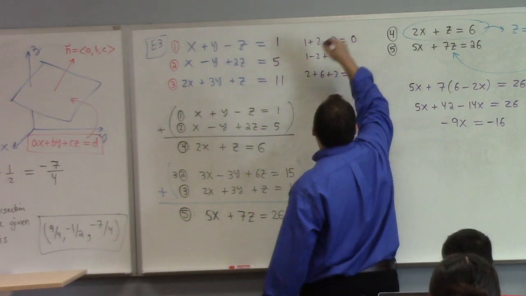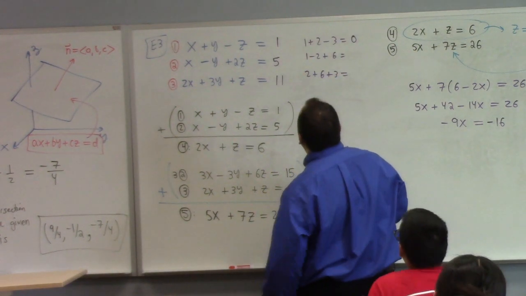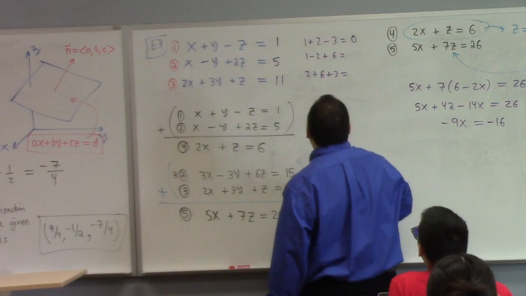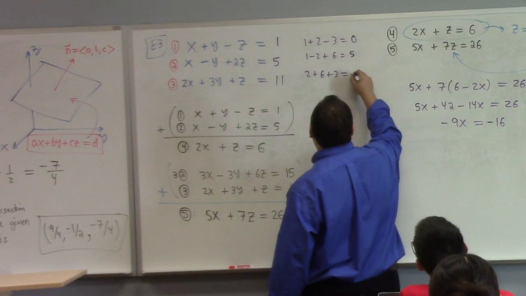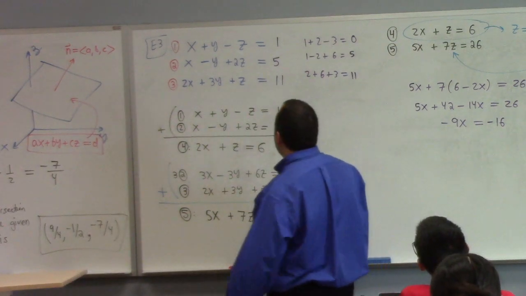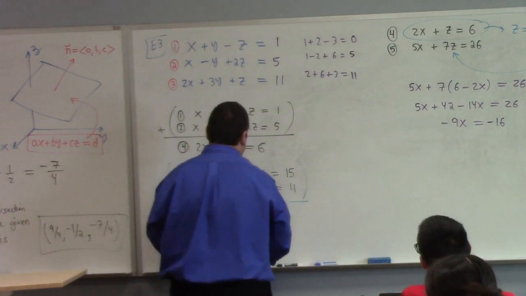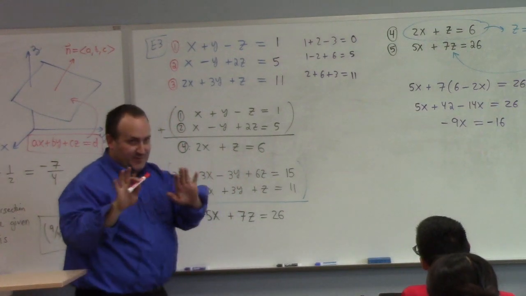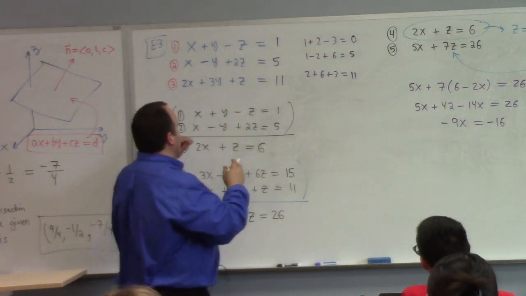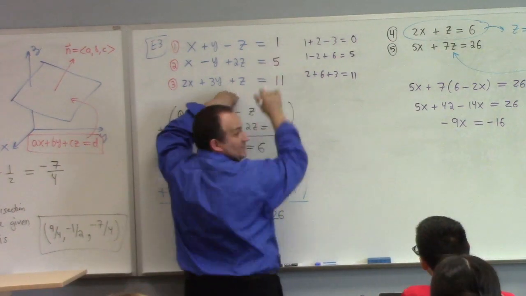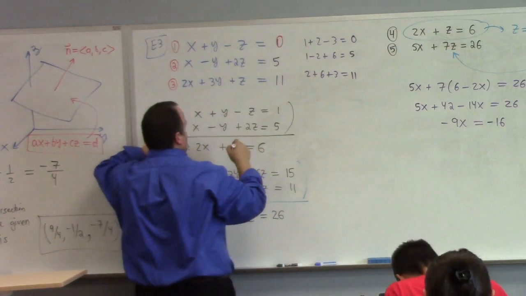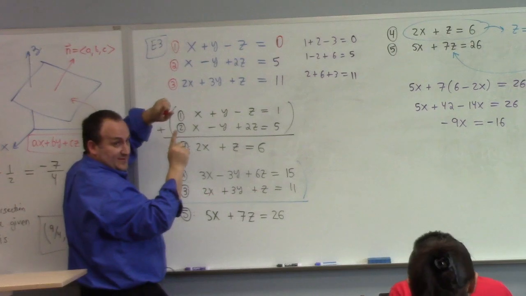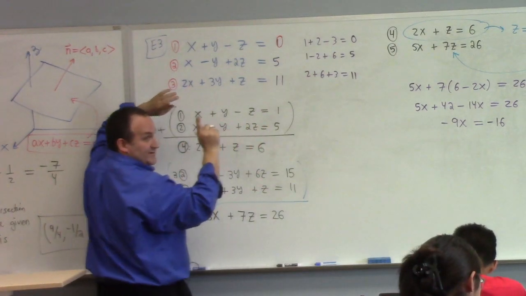Oh, it was 0. That one was right. That one was right. Hey, we can fix this. All right, follow me. It's worth it. This one, we're going to make a 0. I'm going to do the corrections in red.